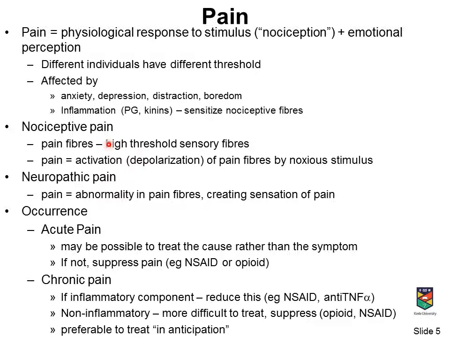If you just touch something, that doesn't create a painful signal. And the reason for that is that the threshold is a lot higher to activate the pain fibers. There has to be some damage done to the tissue to activate the pain fibers. So in nociceptive pain, there is actually damage of some description, and that activates the pain fibers, and they send the nociceptive signal up to the brain. So there's actual damage response there, if you like.